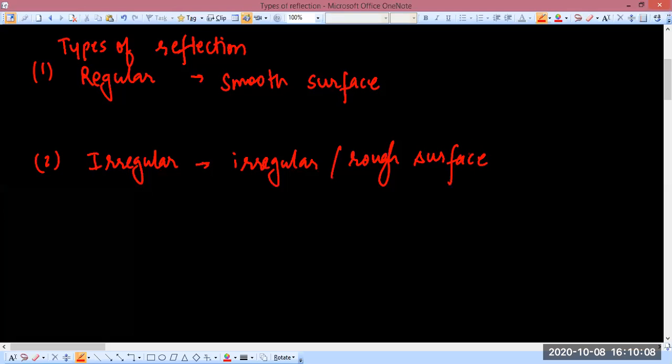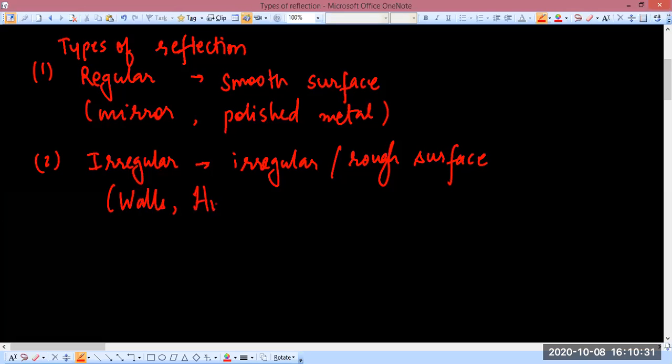Regular reflection will happen from a mirror or maybe a polished metal, a metal that is polished very nicely. Irregular reflection happens from objects like walls, the human body, etc. There are so many examples.